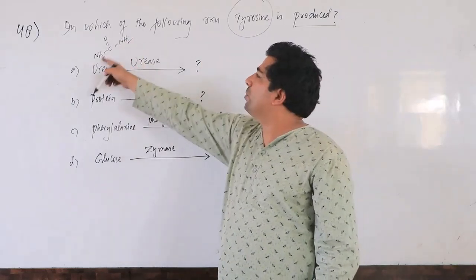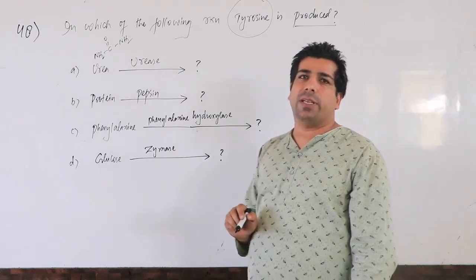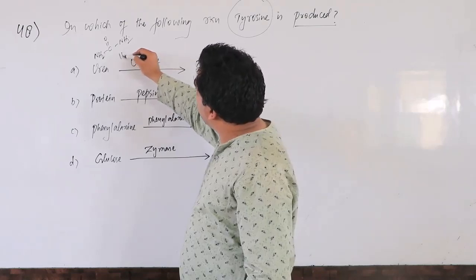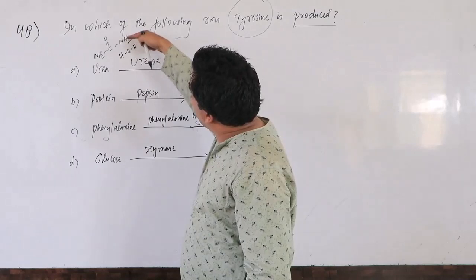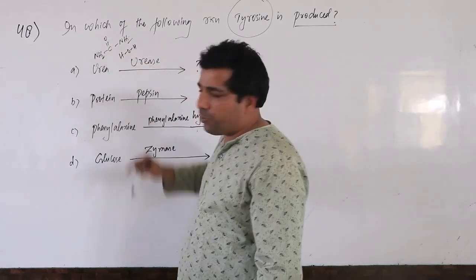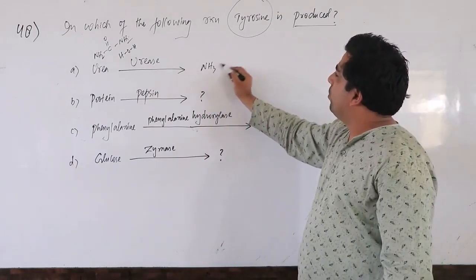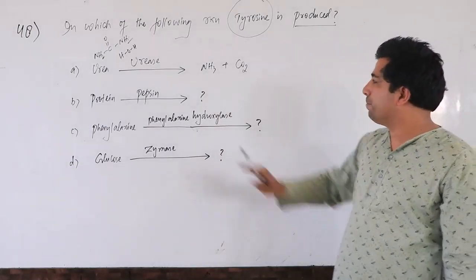These NH2 groups will change into NH3, and then CO will change into carbon dioxide. Let's have a look. If I do hydrolysis, like I have OH here, one hydrogen will go here, one will go here, it will become NH3, NH3, and CO will accept one oxygen to make CO2. So you will be getting ammonia plus carbon dioxide.